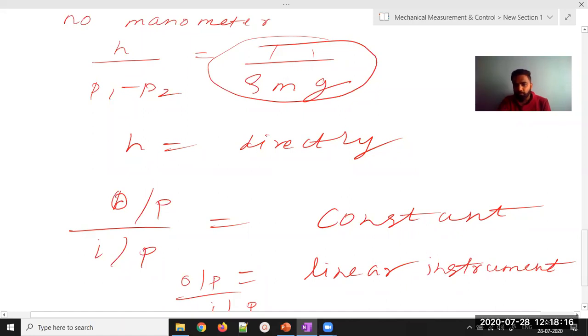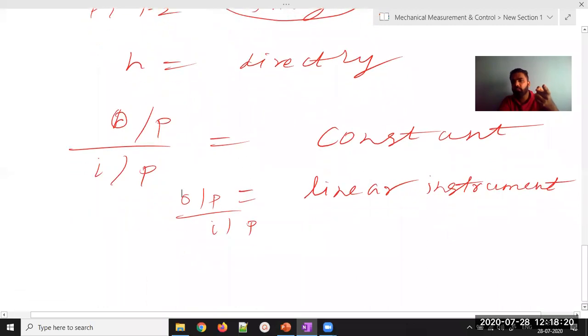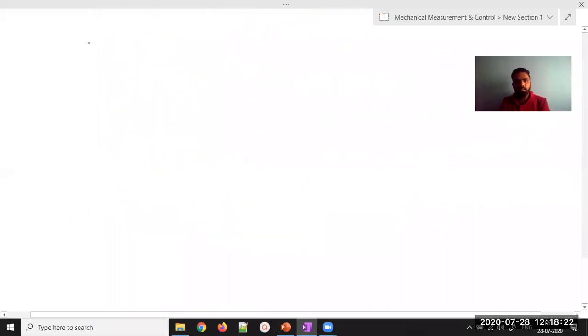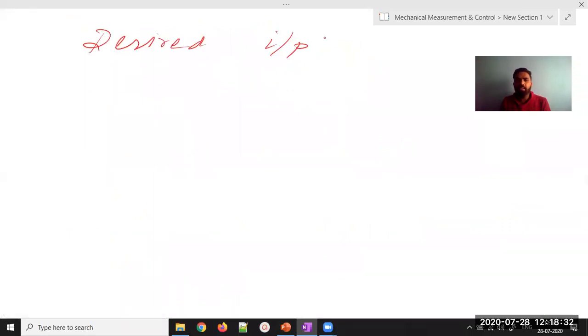So this example was taken for which kind of input? This was taken for desired input. Desired input means the input for which my instrument is desired. If the signal that I am getting is only the signal for which the instrument is desired, such input is called desired input.